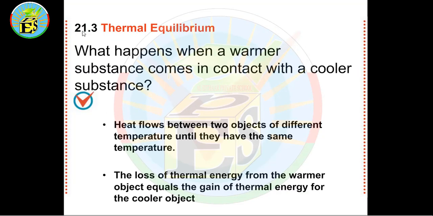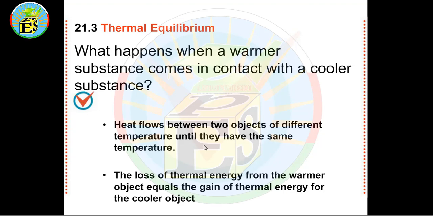Thermal equilibrium. What happens when a warmer substance comes in contact with a cooler substance? Heat flows between two objects of different temperatures until they have the same temperature. The loss of thermal energy from the warmer object equals the gain of thermal energy for the cooler object.